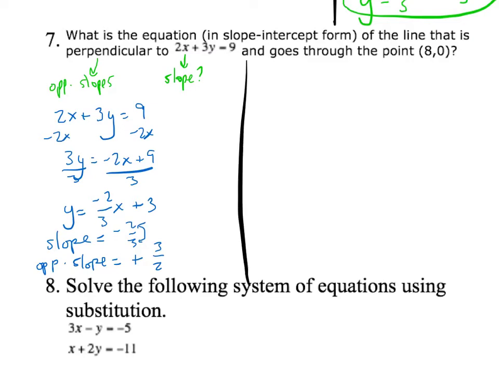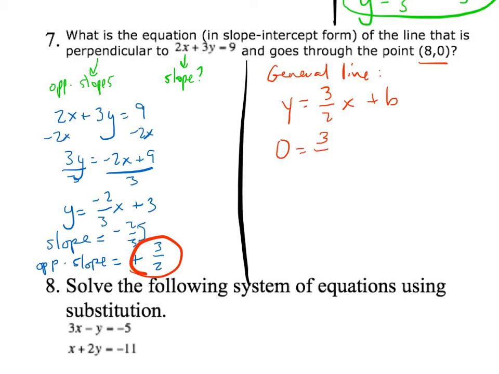We're going to use this to create a general line with this slope. So y equals 3/2 x plus b, and then we're going to use this point. 0 equals 3/2 times 8 plus b. 0 equals 12 plus b. b is negative 12.